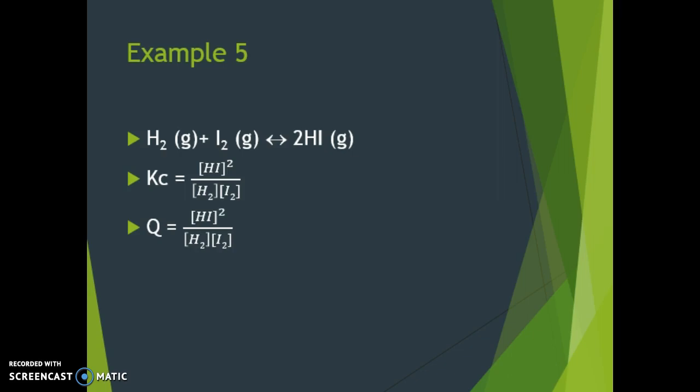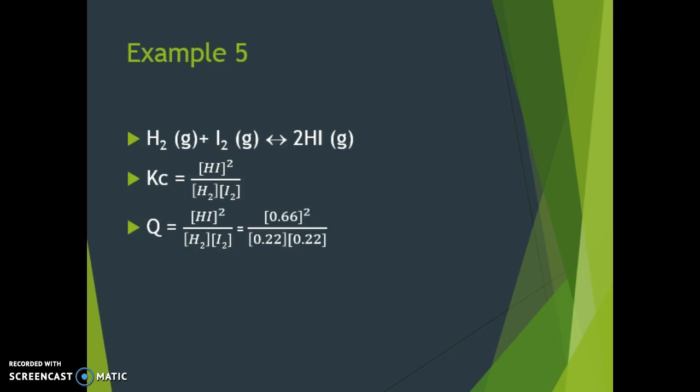And again, the major difference between K and Q is simply the numbers we're plugging into them, where Kc is limited to equilibrium concentrations. They explicitly have to say this is at equilibrium. Where Q, you just plug in the concentration data that you're given, and it helps you make the decision about how to proceed.